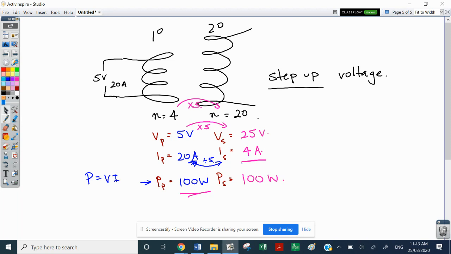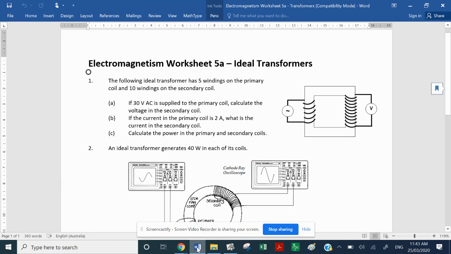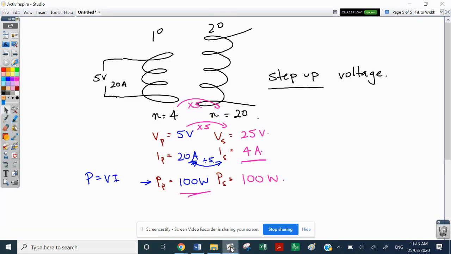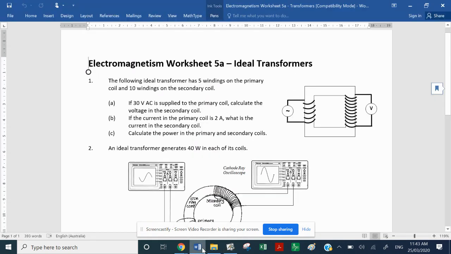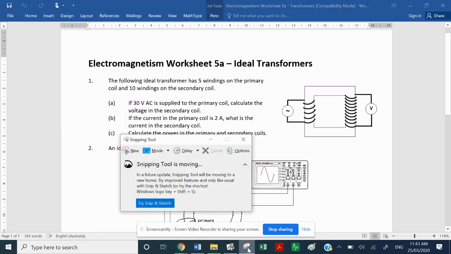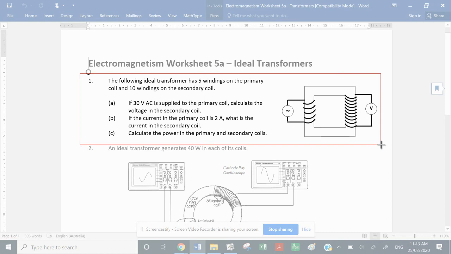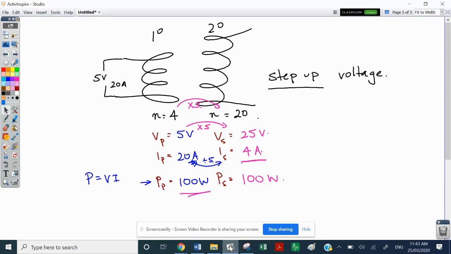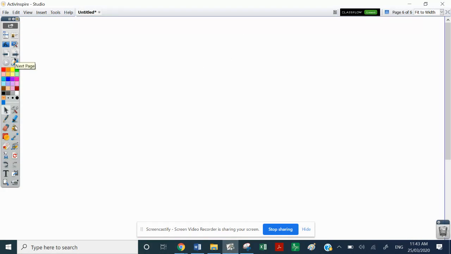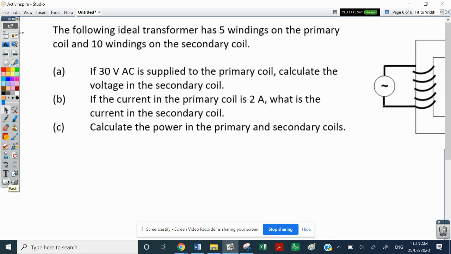Right, so you've got a worksheet for this question. Let's have a look at doing the first of the questions.